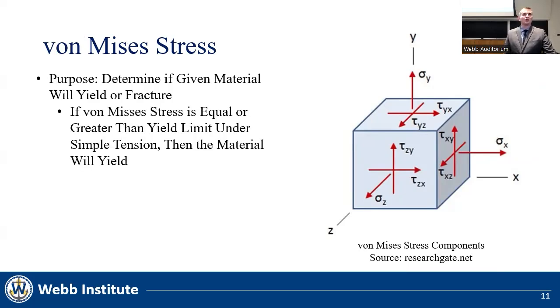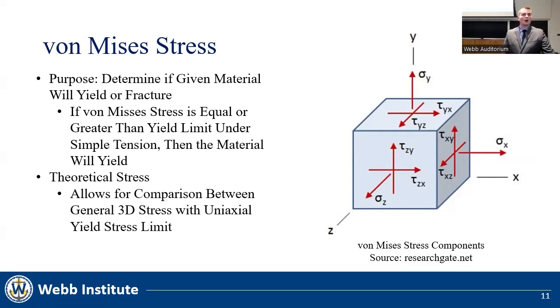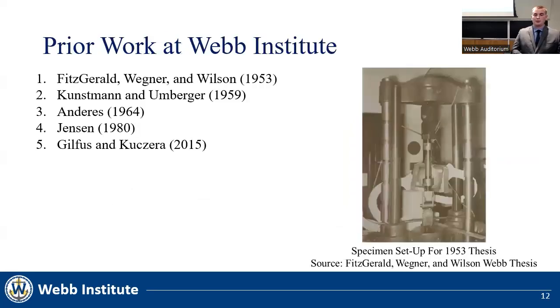If von Mises stress is equal or greater than the yield limit under simple tension, then the material will yield. It is often referred to as combined stress because there are lots of different stresses factored in, shown on the right. It is also a theoretical stress and allows for the comparison between general 3D stress and uniaxial yield stress limit. I might add that it's also nonlinear.